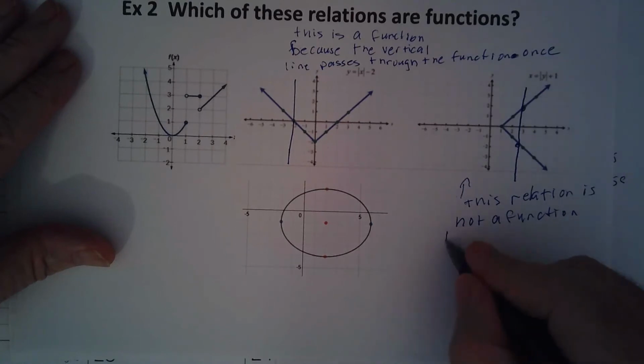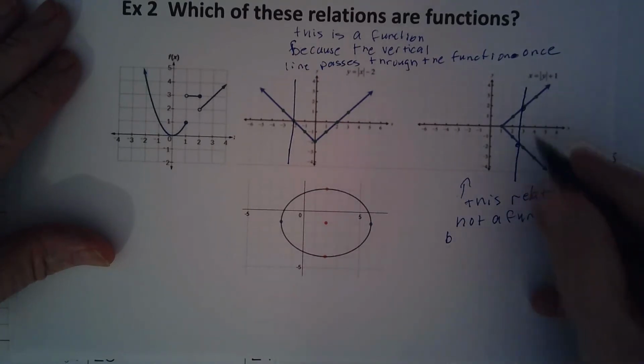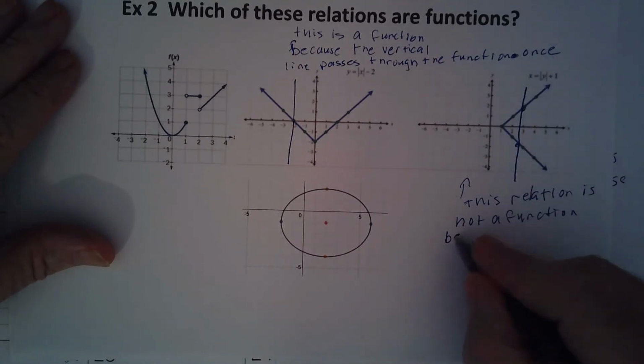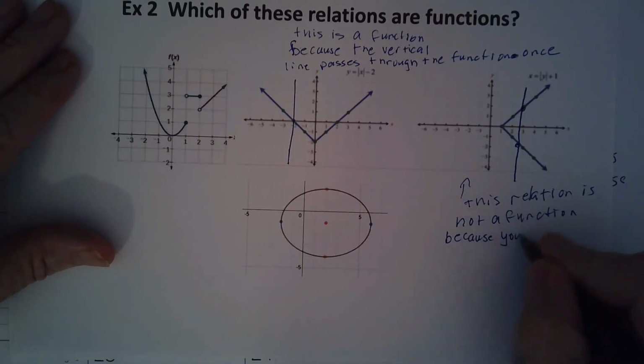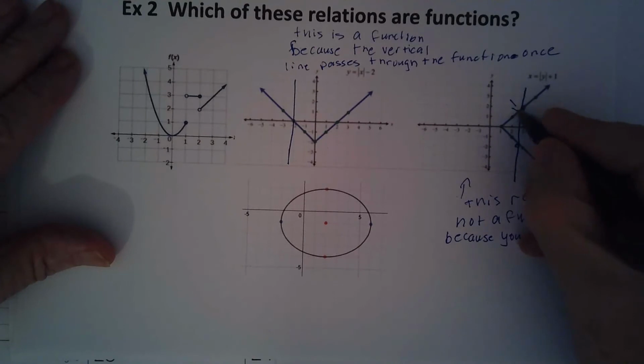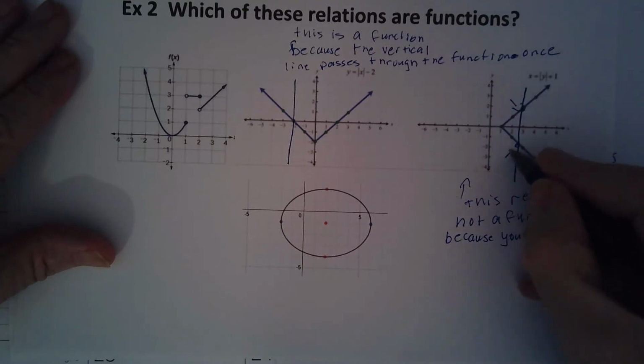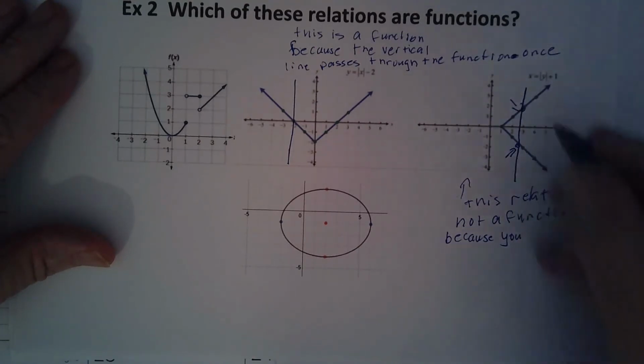Because you have two outputs for each input. One here and one here. And wherever you draw the line, you're going to get two.